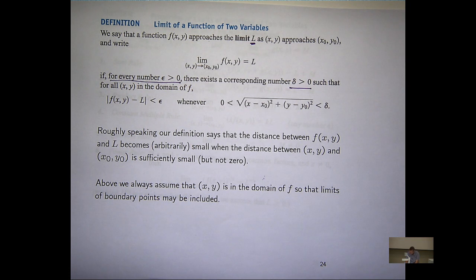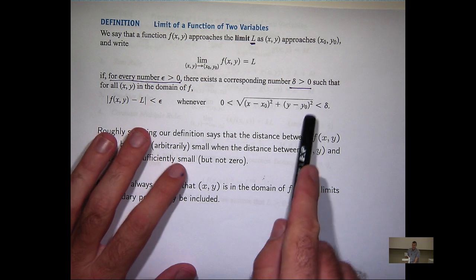Now, what does that mean? Let's try to break it down a little bit and understand it.